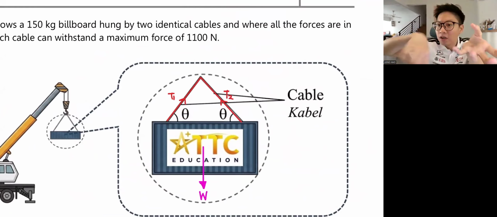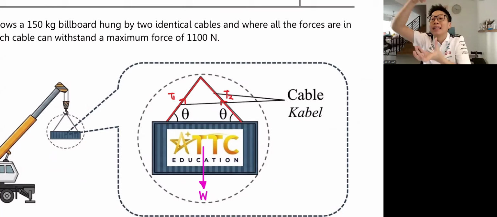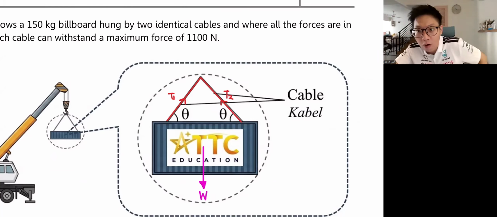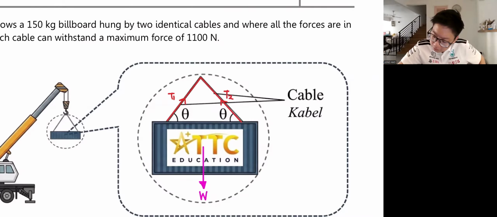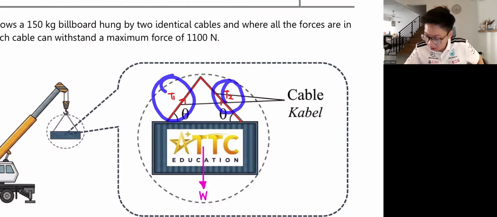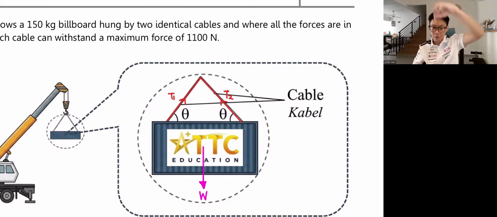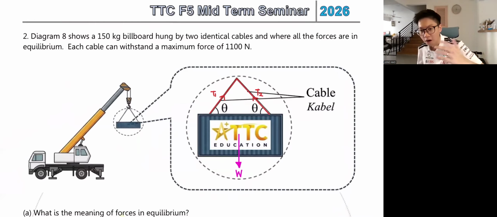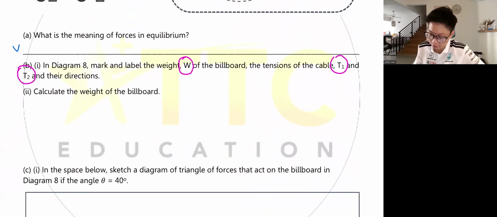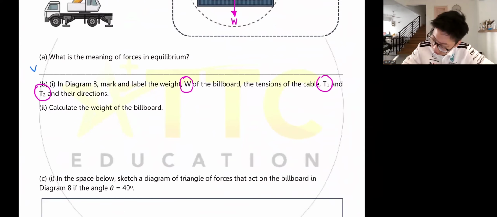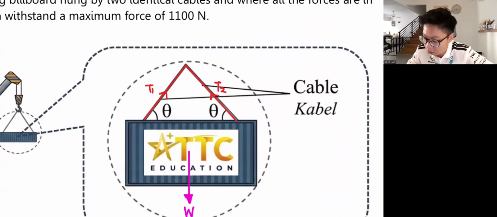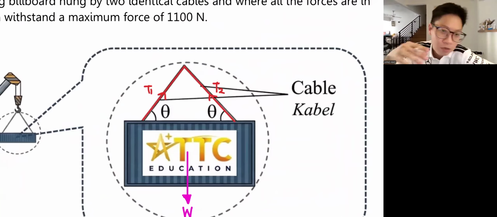So what is the purpose of the string? The string is to maintain, to pull it upwards, right? Correct or not? Do you agree? So the tension is actually going upwards so that it will be balanced with the weight of the billboard. Okay. So therefore here, this is how we're going to draw T1, T2. But actually, guys, let me ask you a question. Is your T1 and T2 the same?